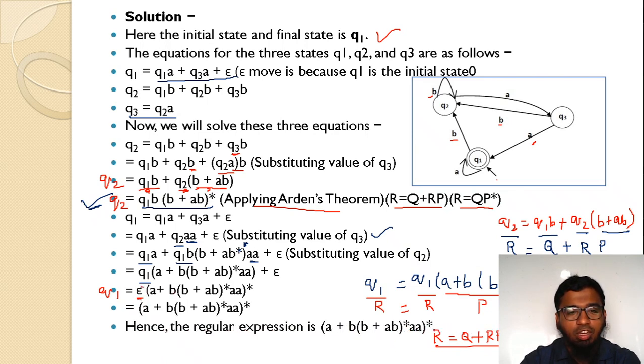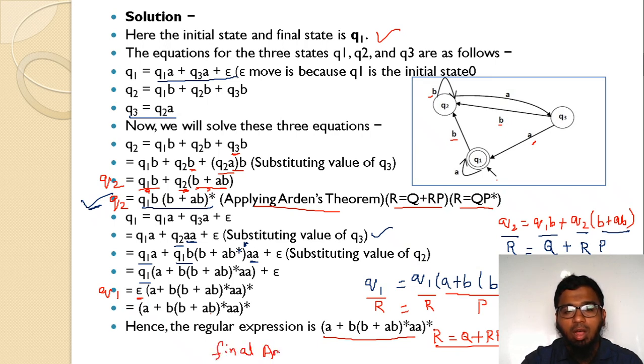Yes, we need to remove the epsilon: A plus B, B plus AB closure, AA closure. So hence the regular expression is A plus B, B plus AB closure, AA closure. So this is your final answer.